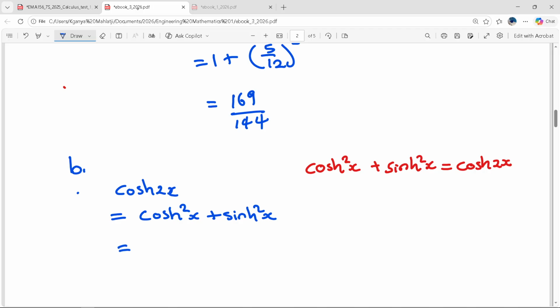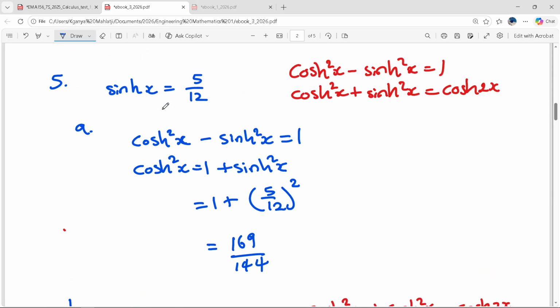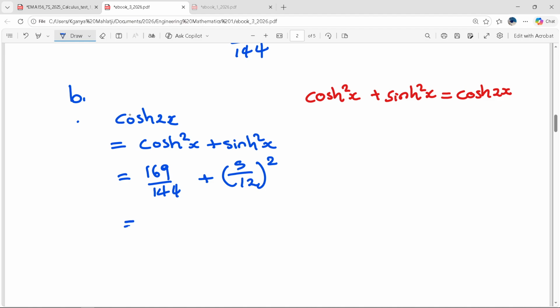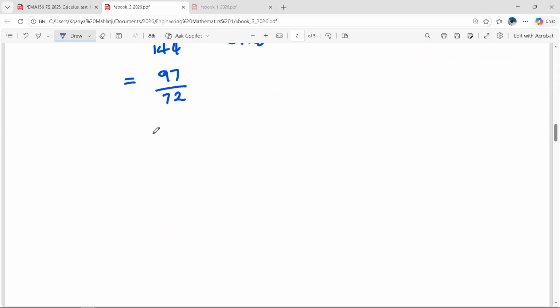Therefore this equals 169 over 144 plus 5 over 12, squared. You can punch this on your calculator. Therefore your answer will be 97 over 72. Then let's go to number C.